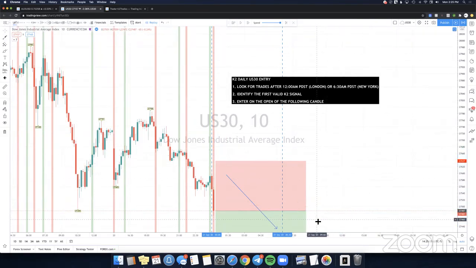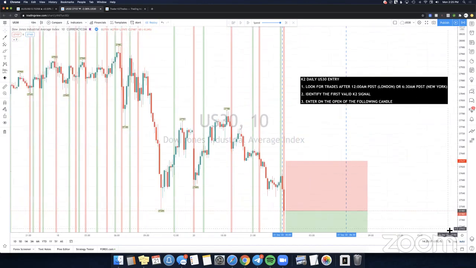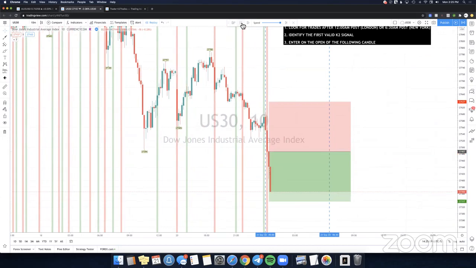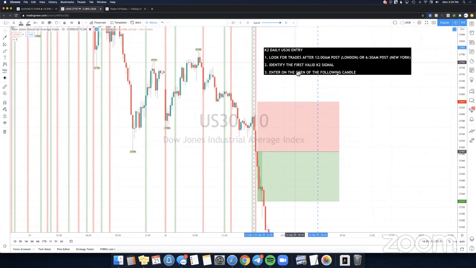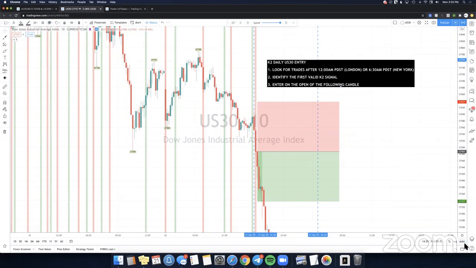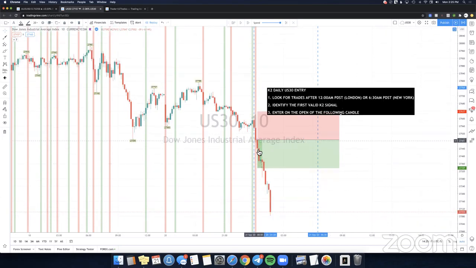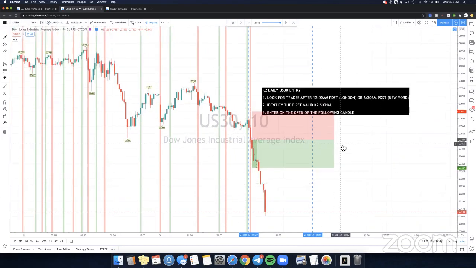So right here, if you took this trade for London, and then you let it run, it would have hit TP right there. So it went straight down. Like I mentioned earlier, what we're doing here is we're just trying to catch this momentum move. Because generally, once the market opens, the big banks and institutions usually choose a direction for price for that day.